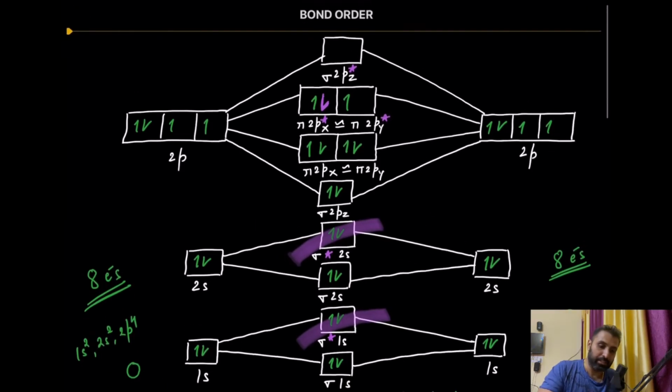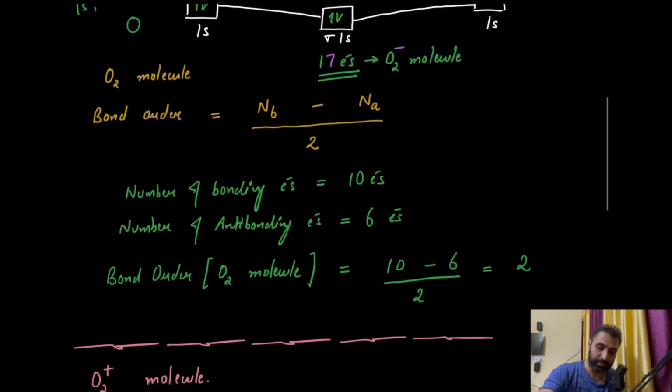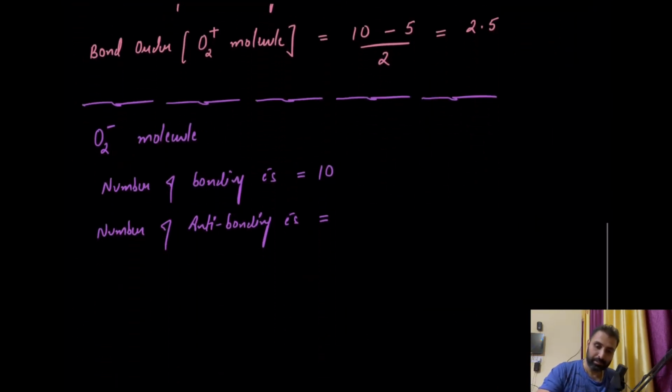Then it's a turn of pi star 2px and pi star 2py, we got 3 more electrons in antibonding molecular orbitals. So we got total of 7 electrons in anti-bonding molecular orbitals. So I'm marking 7 over here.